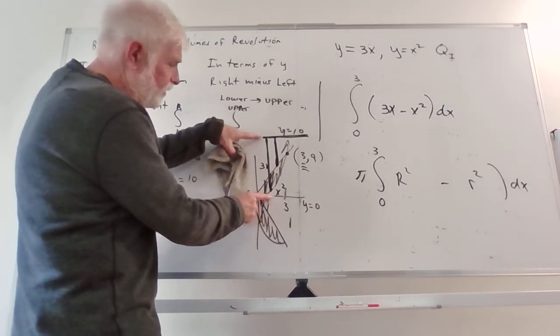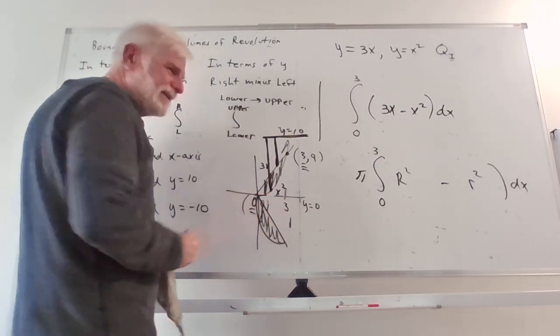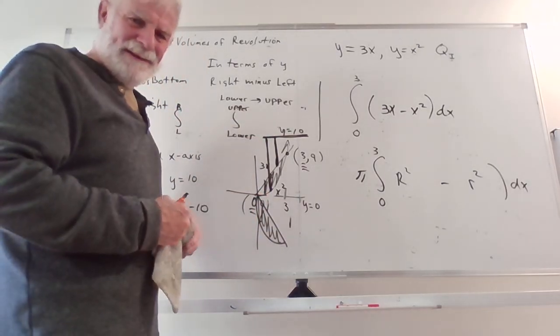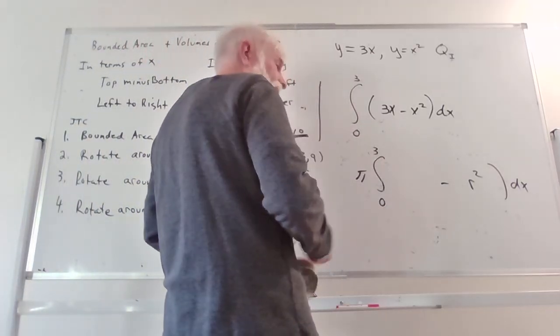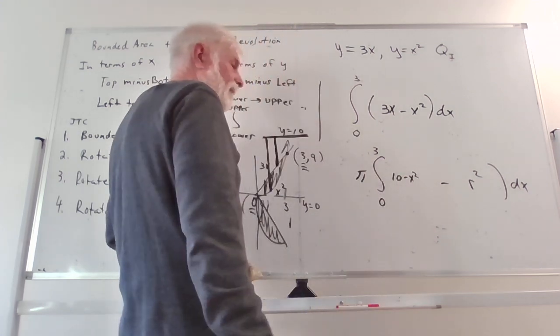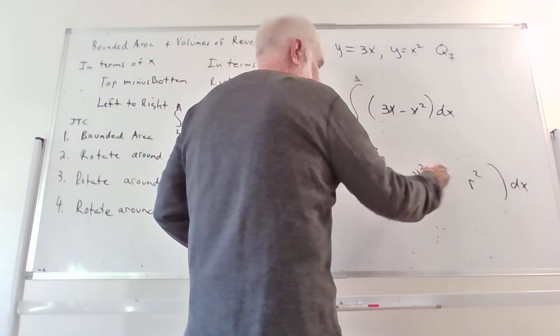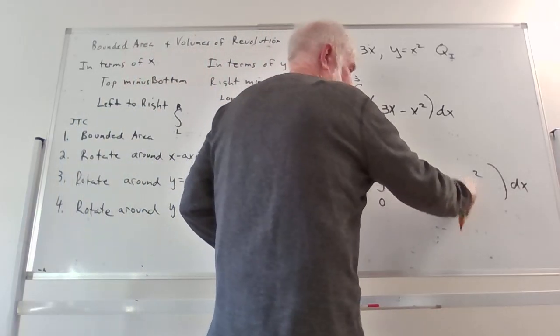I know the whole distance from 10 to 0 is 10, but I've got to take away that little x squared aspect of the calculation. So I write what I say. 10 minus x squared gives me the length of my big R. I have to square that. 10 minus 3x gives me the length of my little r.